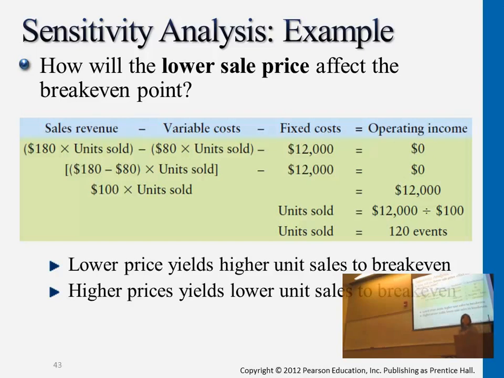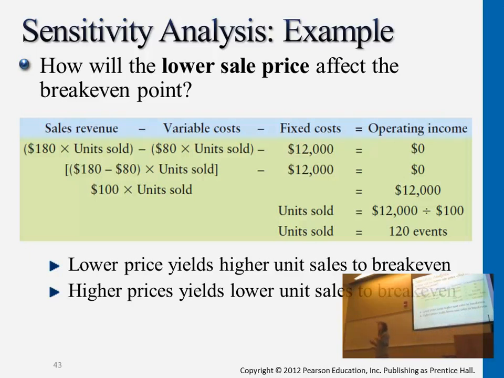So then do we have an increased break-even sales in units or decreased? Meaning that if we lower the sales revenue for each and every DJ services event we provide customers, how are we able to meet the zero income goal?